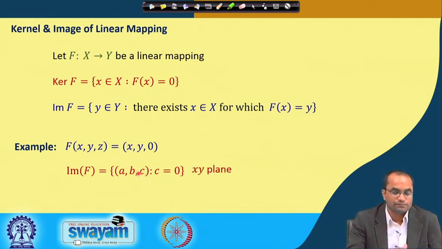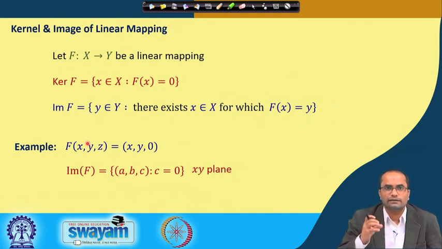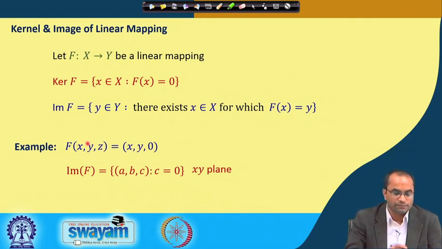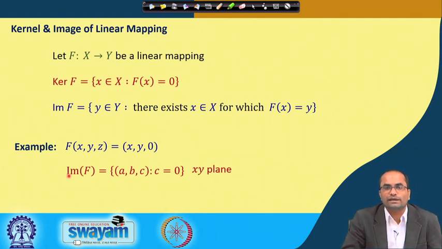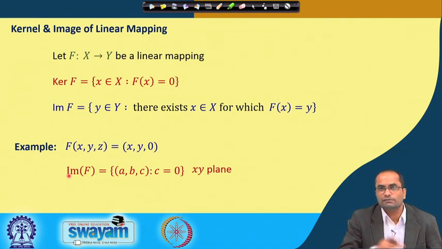As we discussed already, this mapping maps a point in R 3 to the x y plane, and that is exactly the projection map we are talking about. Therefore, this image is nothing but the x y plane, because this maps the point to the x y plane only.